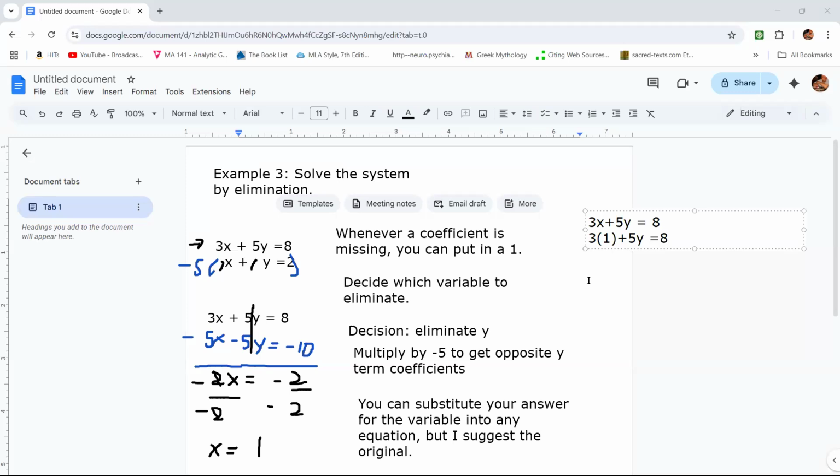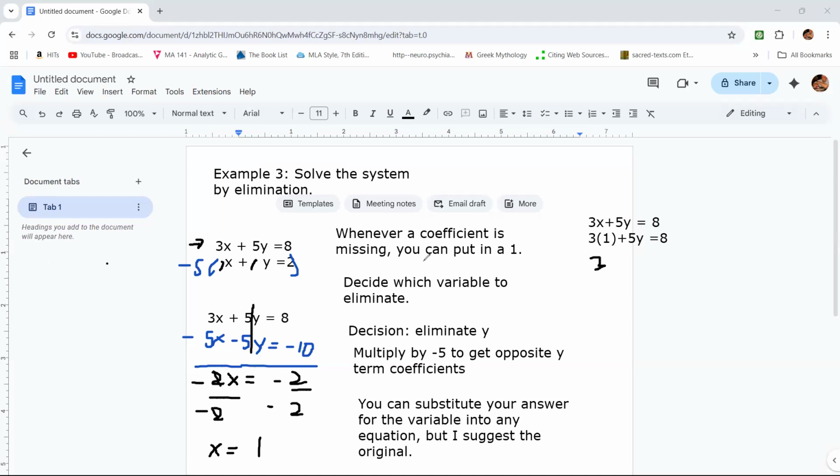Okay. So now I have, let's continue. 3 times 1 is 3. That's really bad 3. Let me fix it. Okay, hold on. Let me get it back.